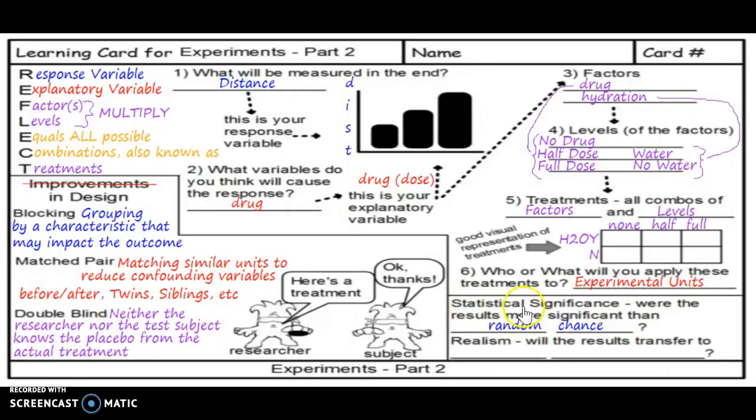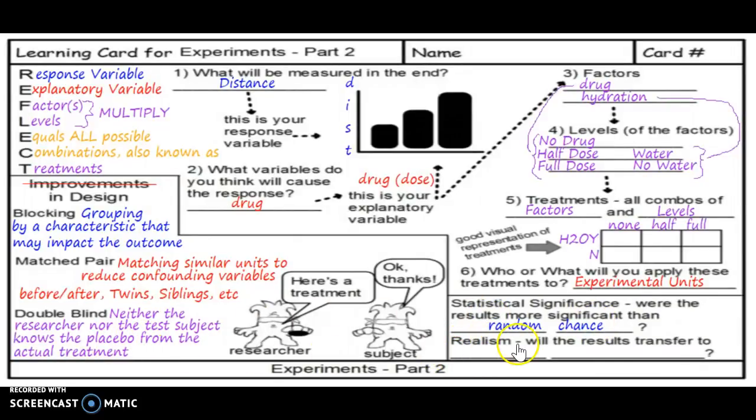But when something is statistically significant, that means that it is very different, or the probability that it happens just due to random chance is really, really, really small. So we'll get into that when we get into hypothesis testing. But for now, statistical significance: were the results more significant than just random chance? That's how you can fill that part in.